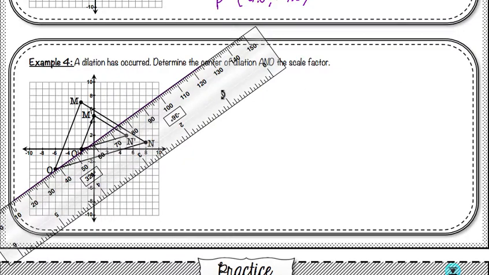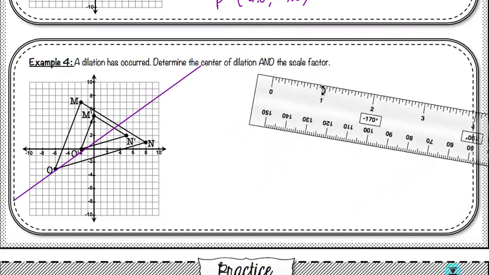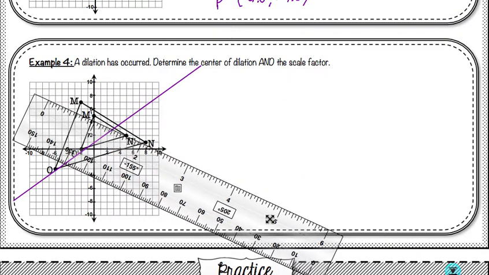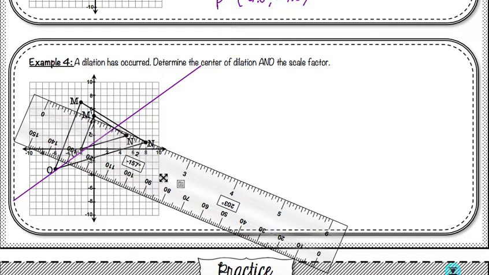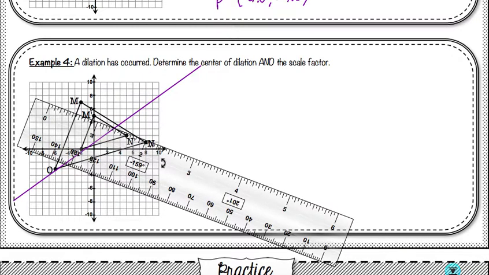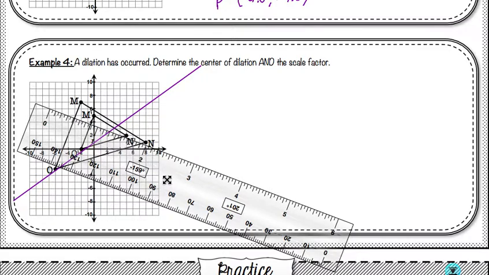And then let's see if we can connect N and N prime. A little tricky. I think that might be the best we can do.